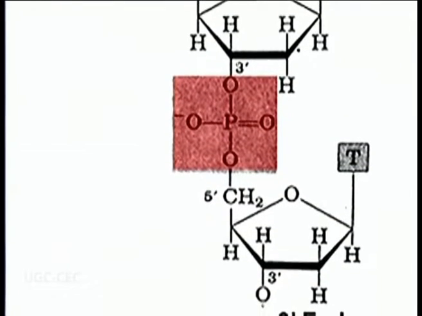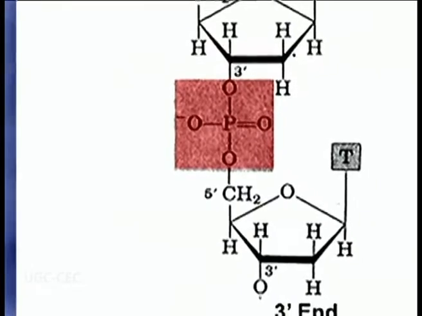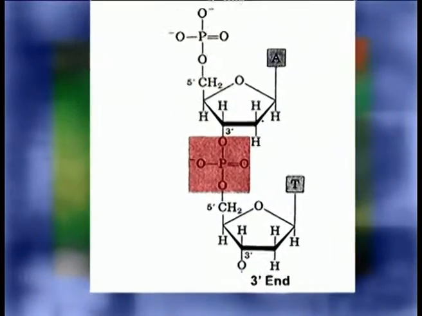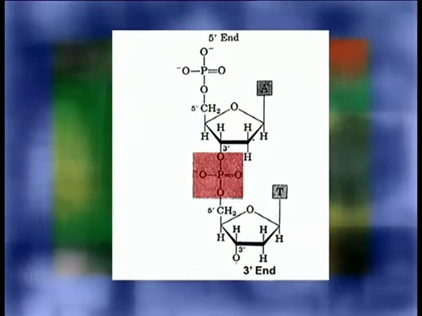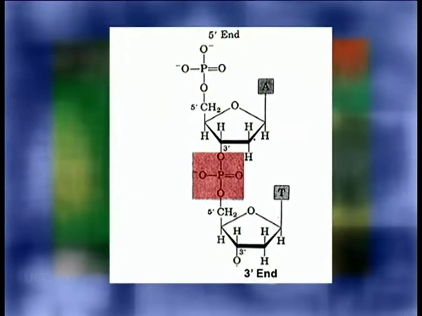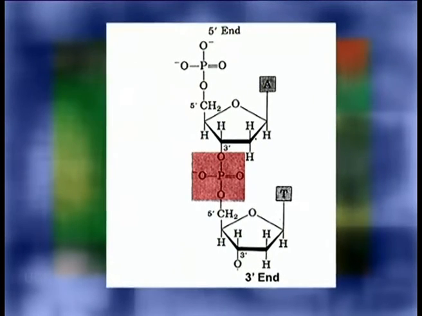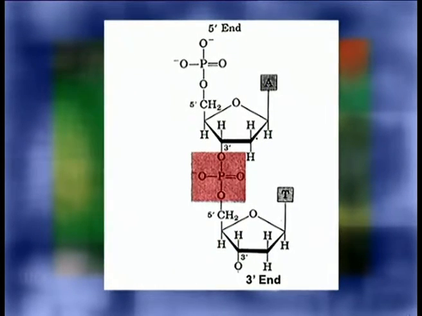All phosphodiester linkages in a DNA strand have the same orientation along the chain, giving each nucleic acid strand a specific polarity and distinct 5' and 3' ends. The 5' end lacks a nucleotide at the 5' position, and the 3' end lacks a nucleotide at the 3' position.